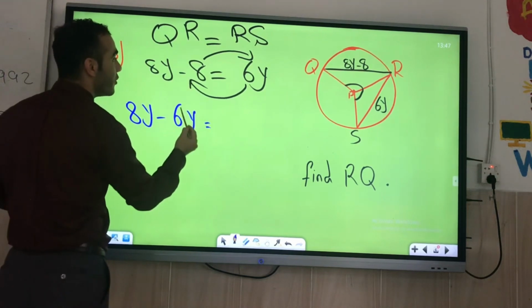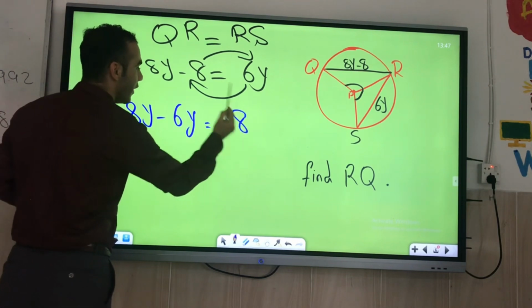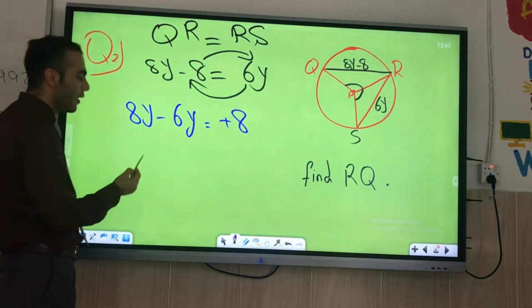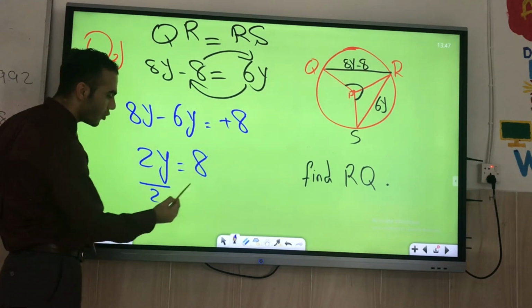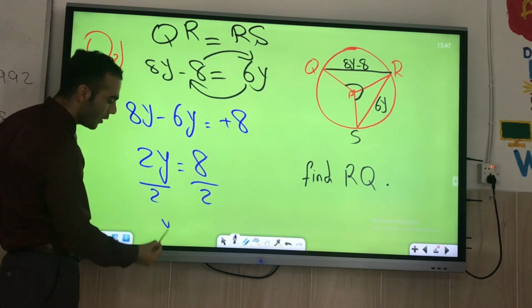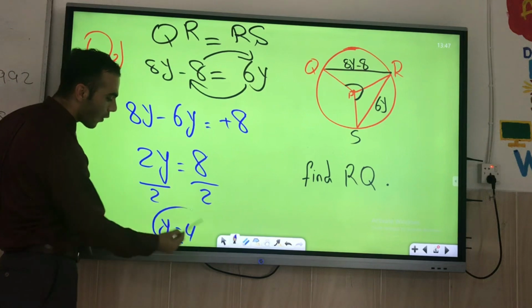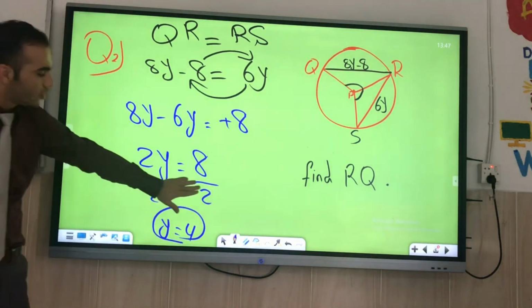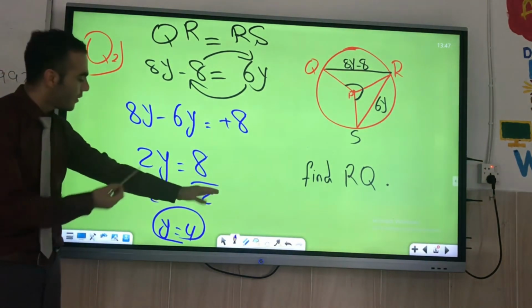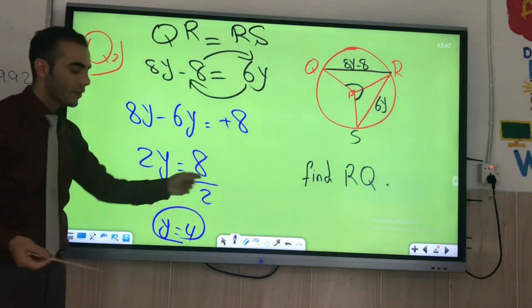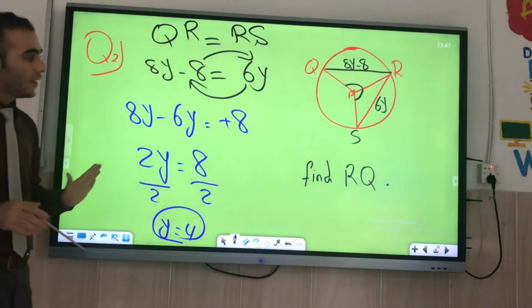And here is negative 8, so it will become positive 8. So 8y minus 6y is going to be 2y equal to 8. Divide both sides by 2, and y equal to 4. Or, guys, you don't need to do this step, because I always said that the smart student will ask themselves what 2 multiplied by what is equal to 8. 4.